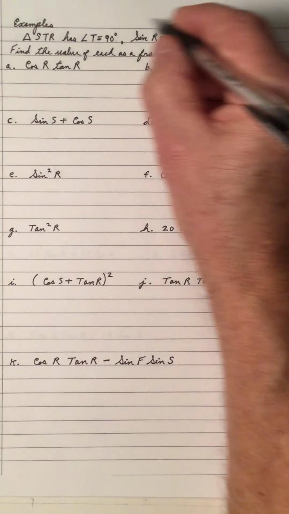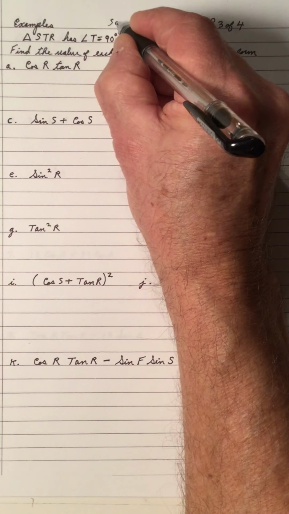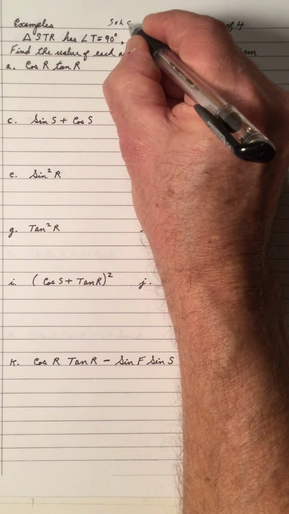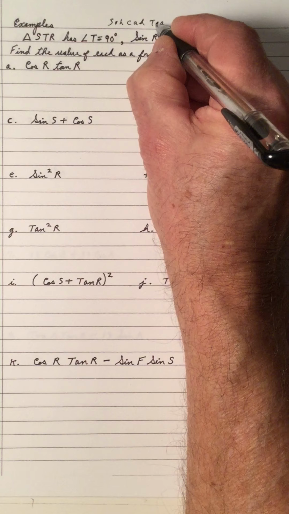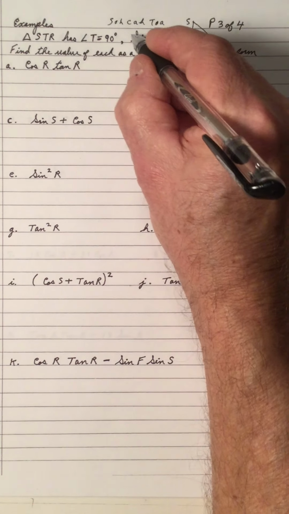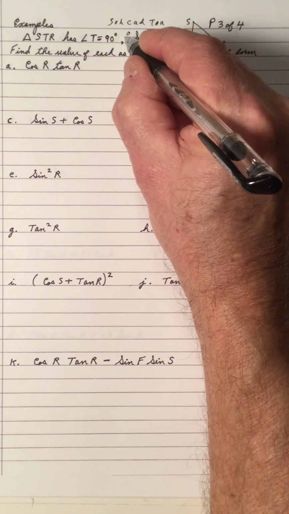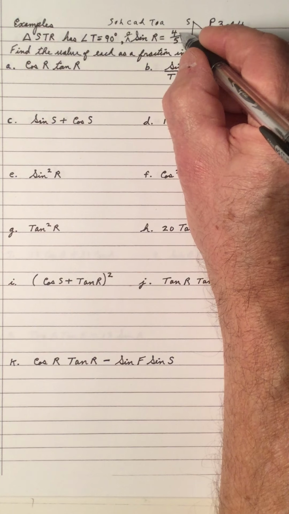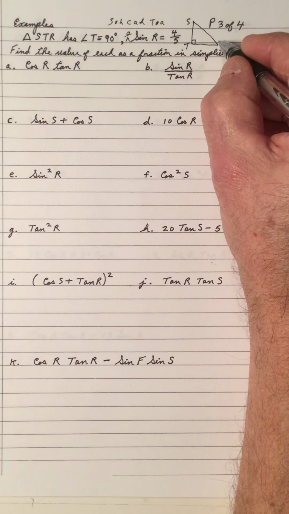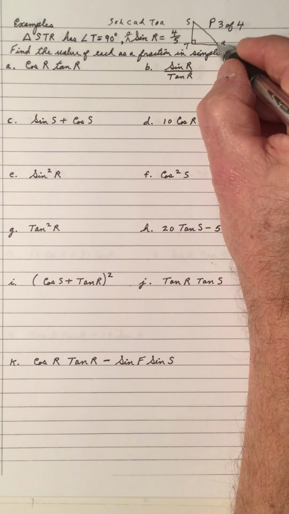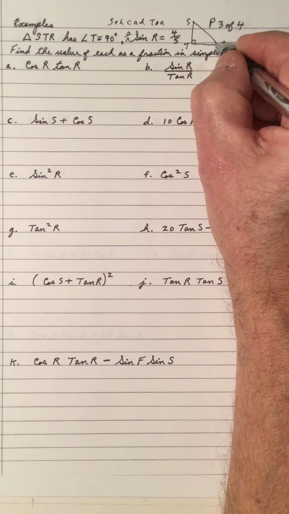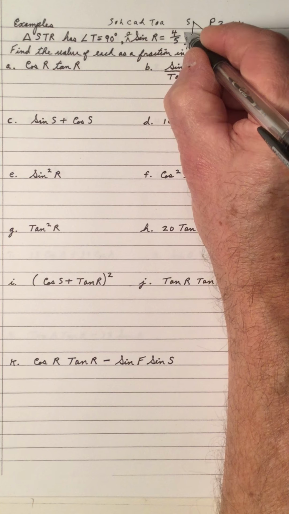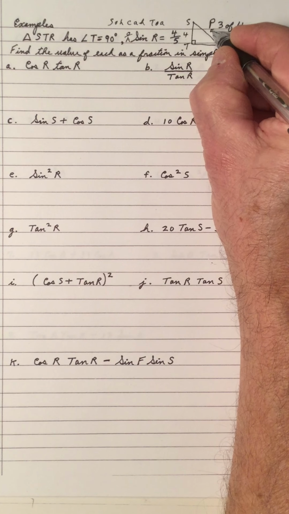And sine, SOHCAHTOA. So sine is opposite over hypotenuse. So in relation to R, R opposite is 4, hypotenuse is 5.